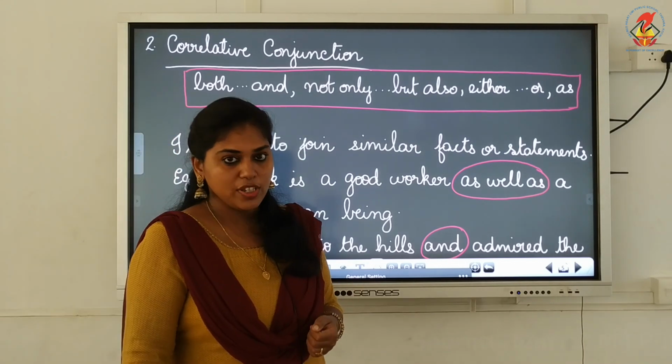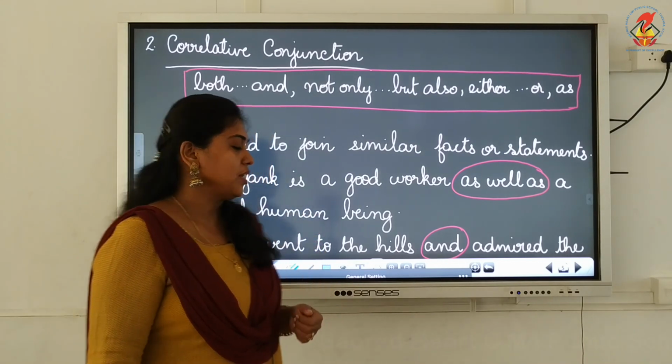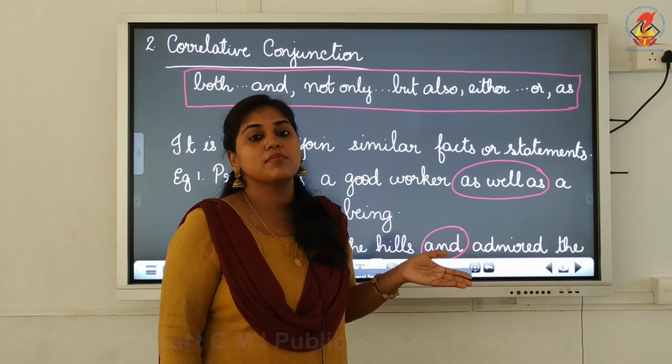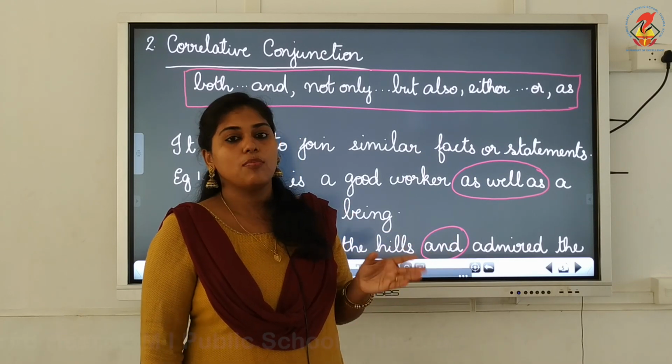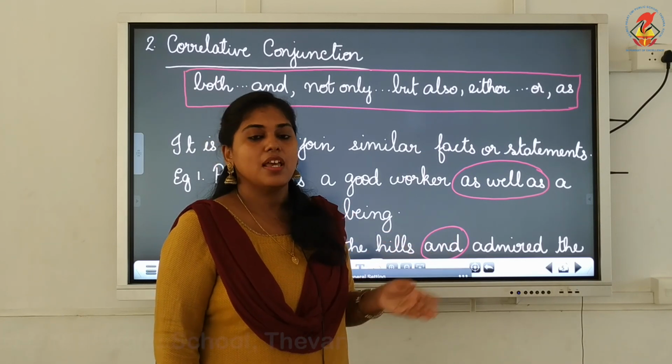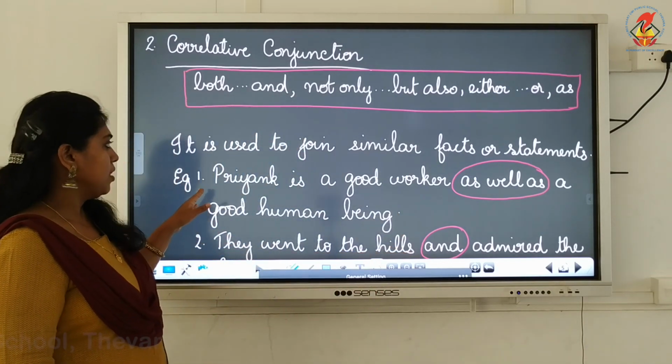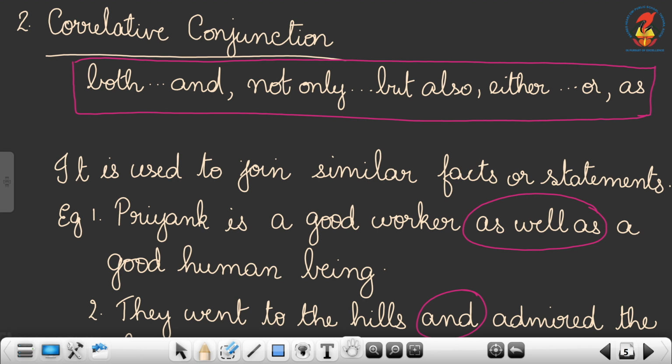Now let's see, when do we use correlative conjunction? It is used to join similar facts or statements. If there are similar facts, that means common facts or statements, then we use correlative conjunction. For example, Priyank is a good worker as well as a good human being.